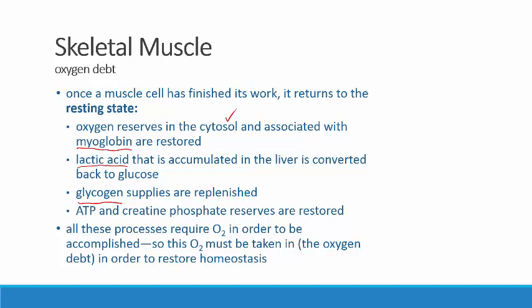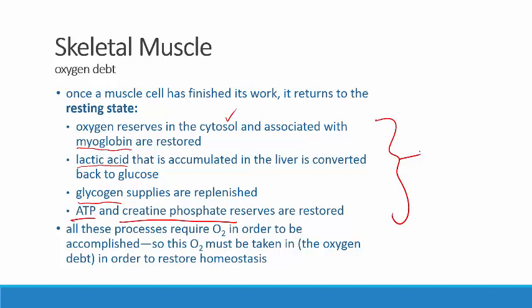And then finally, the energy reserves of ATP in the cell and the creatine phosphate that was there to make ATP so that we could rapidly produce additional ATP. We have to replace all that used ATP and the creatine phosphate stores that have been depleted. All of these processes, every one of these, requires oxygen.